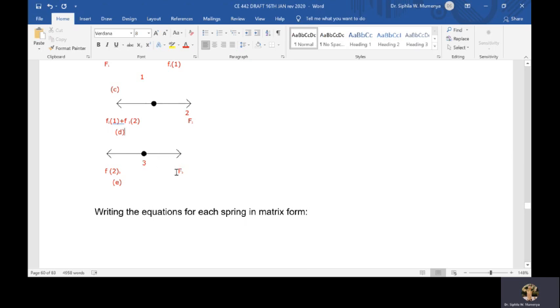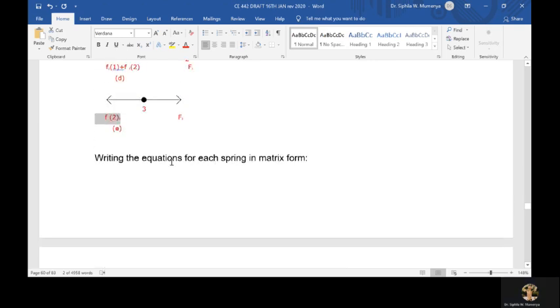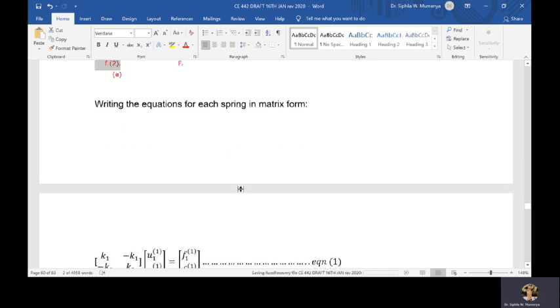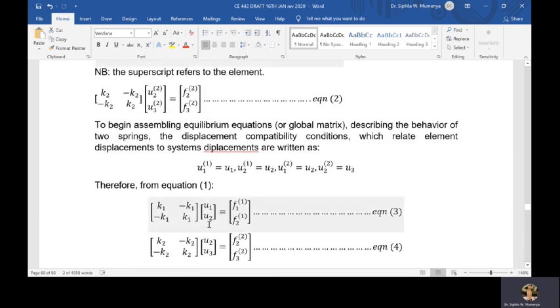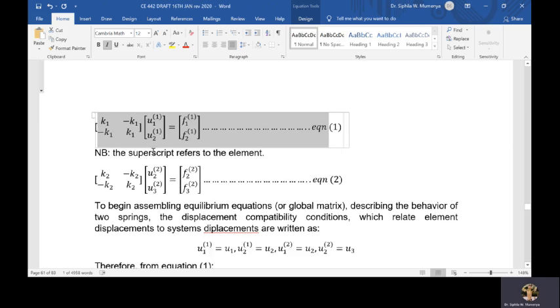For node 3, we have an external force F3, and also internal forces. So we can write equations for each of these springs in matrix form as shown below. We can write an expression for node 1 as shown in equation 1, where the superscript refers to the element, and the element here is the spring.